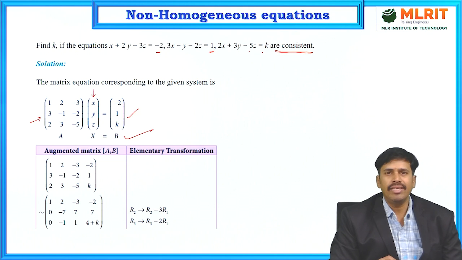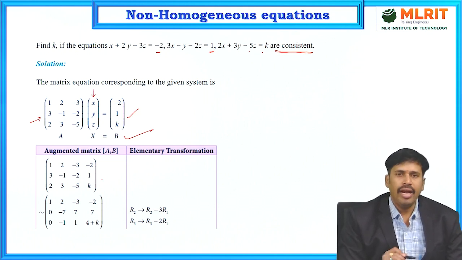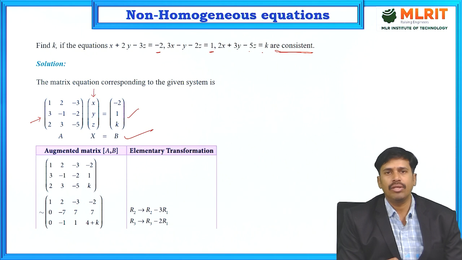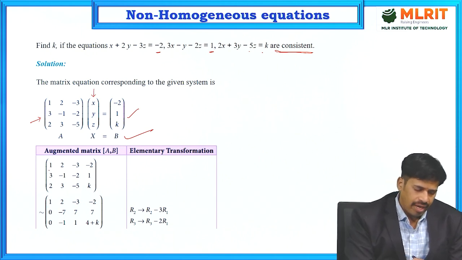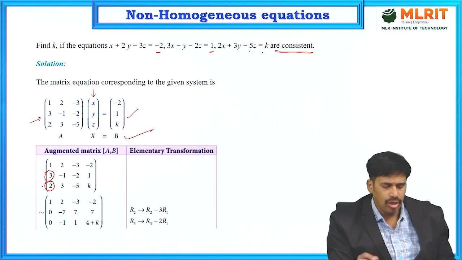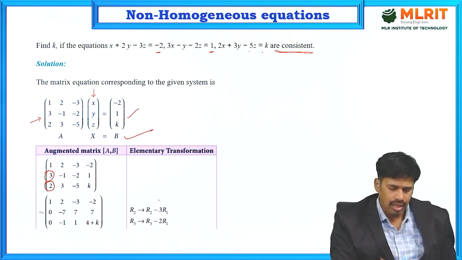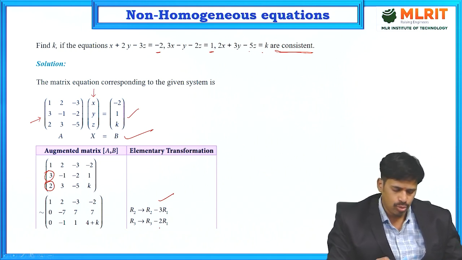So consider the augmented matrix A, B. We reduce this augmented matrix into echelon form. For this, I have to make this element 0 and this element 0. To make these two elements 0, what should the operations be? R2 tends to R2 minus 3R1 and R3 tends to R3 minus 2R1.